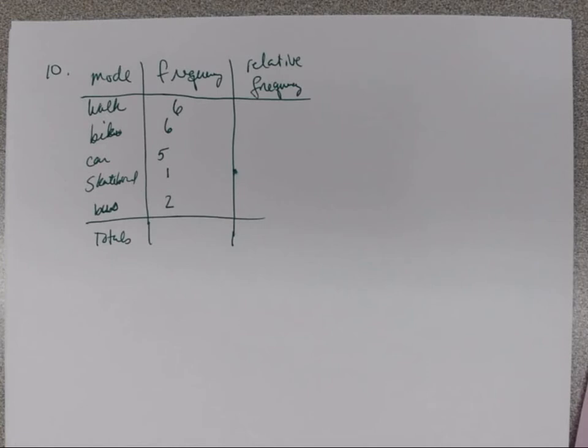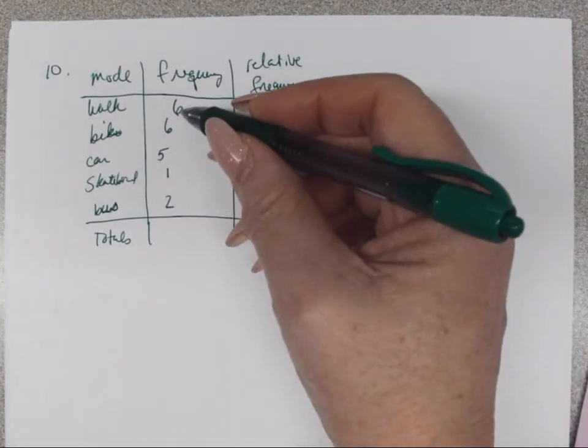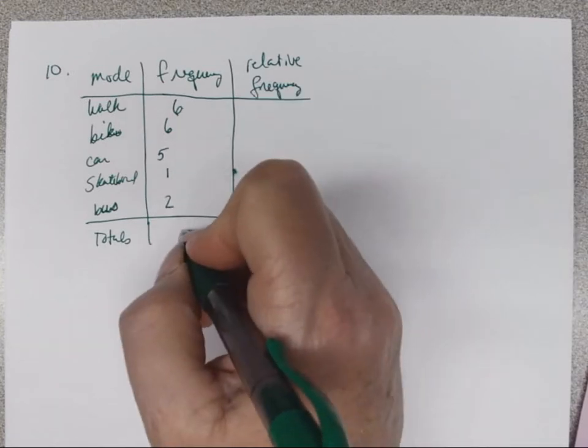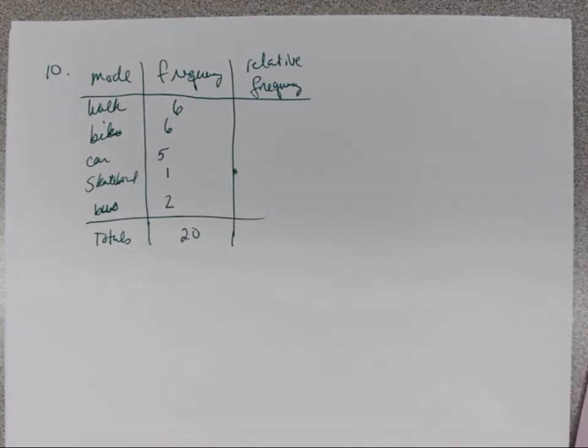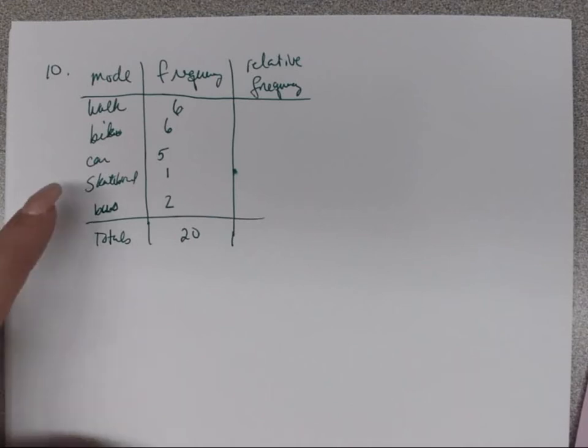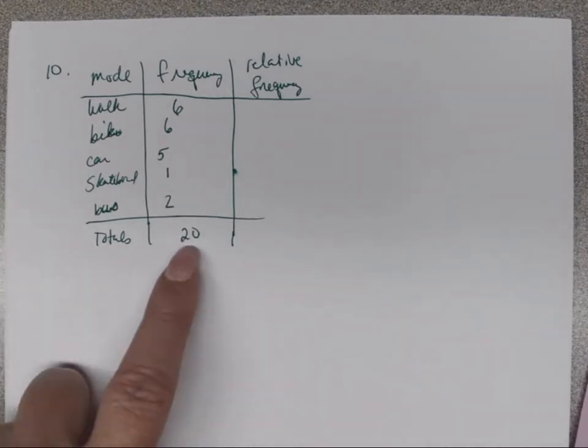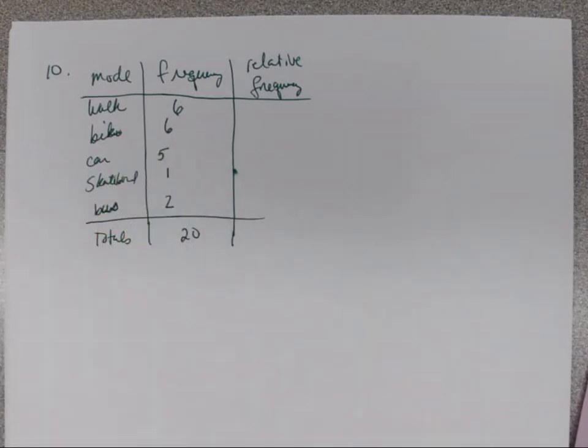That's the way that they are doing the transportation. Now, if we add these together, you should get a total of 20 because that's how many they said we had. We had 20 students who were walking, riding the bus, doing a skateboard, riding their bike, or taking a car. This is a way to double check you didn't leave anybody out.